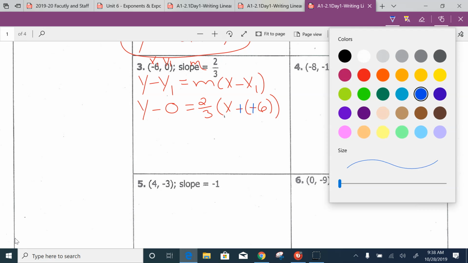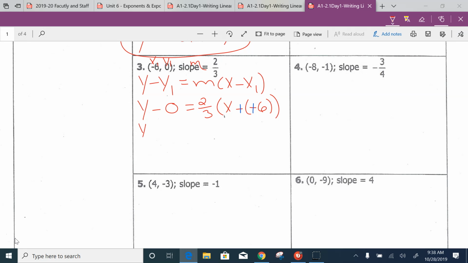Now I'll leave my left-hand side alone, y minus 0, and I'm going to distribute the parentheses. 2/3 times x is 2/3 x. 2/3 times positive 6 is 12 divided by 3, which is 4. And then my last step is to isolate y by itself. Y minus 0 is just y, so y is essentially by itself. So my equation is y equals 2/3 x plus 4.